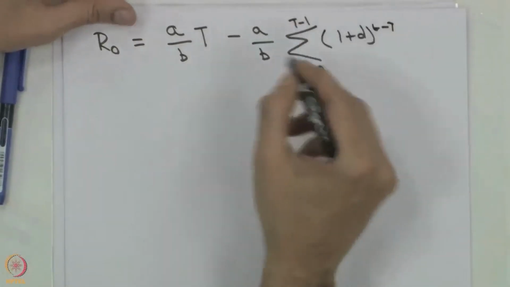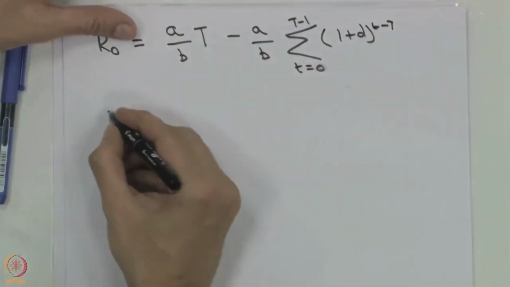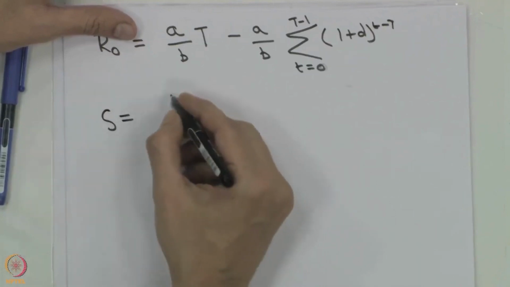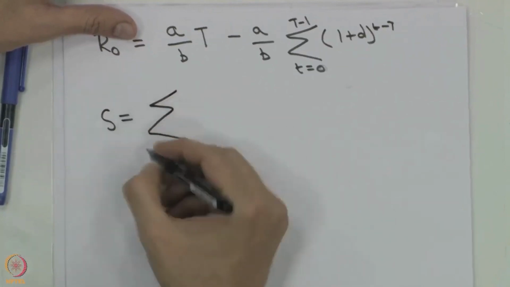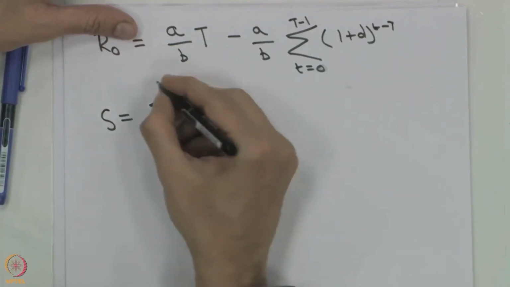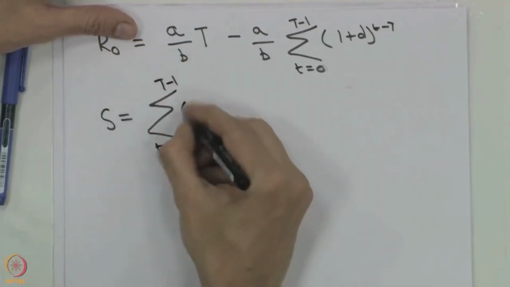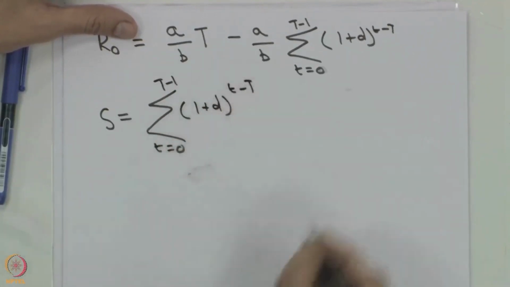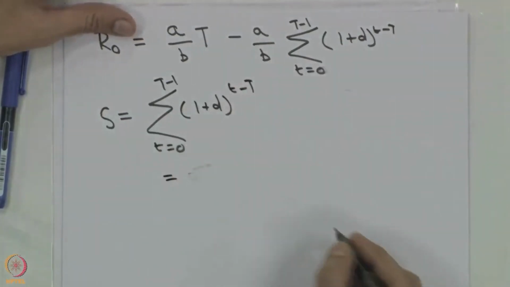Let us write this down in a separate way. Let us write this as S equal to sigma t equal to 0 to T minus 1 of 1 plus d raised to t minus T. Let us expand it.